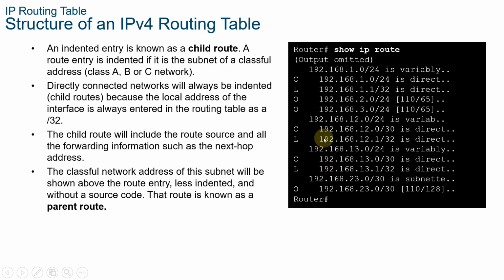Okay, so if you observe from the output here, 192.168.1.0 is variably subnetted. Okay, 192.168.1.0 is /24. And under that, these 4 here are indented. So these are the child or children, and this is the parent. Okay, so that's the structure of an IPv4 routing table.